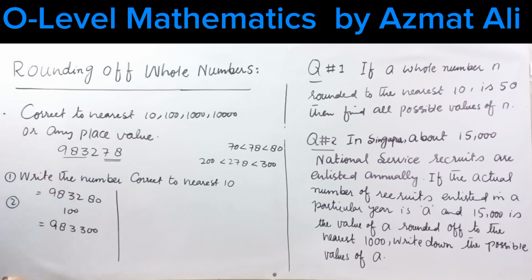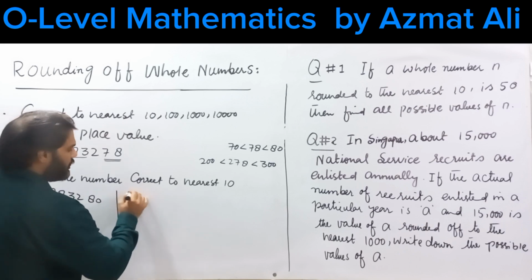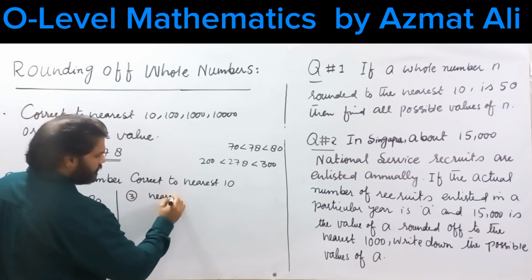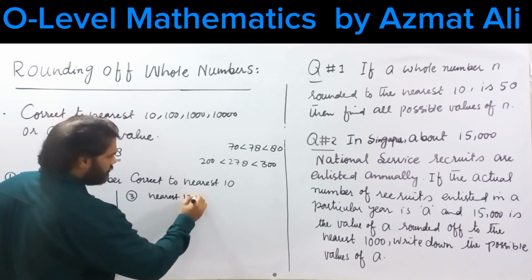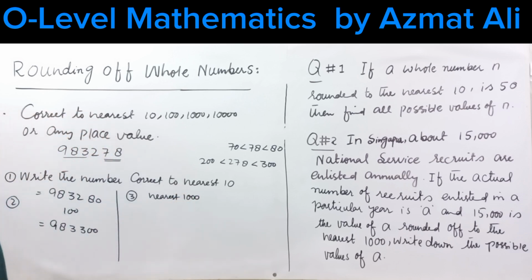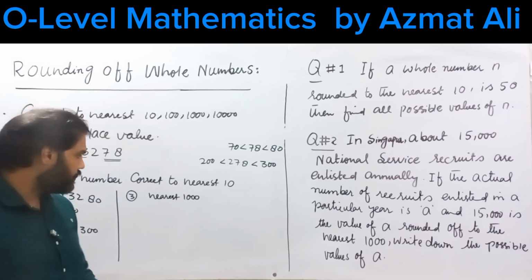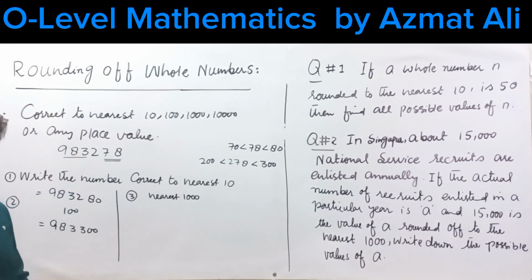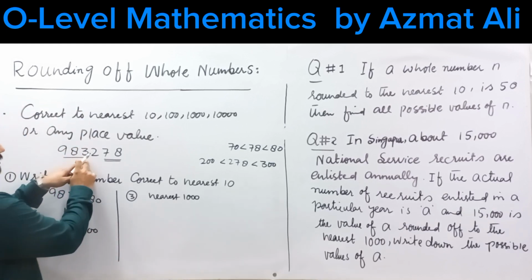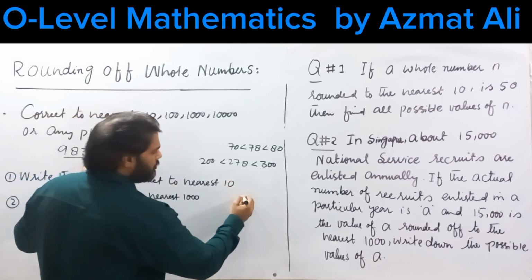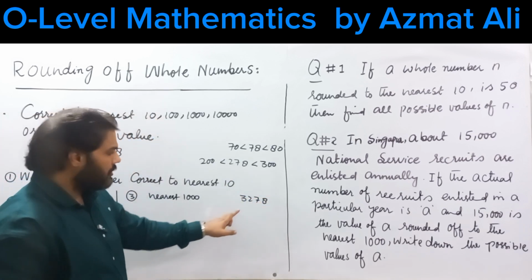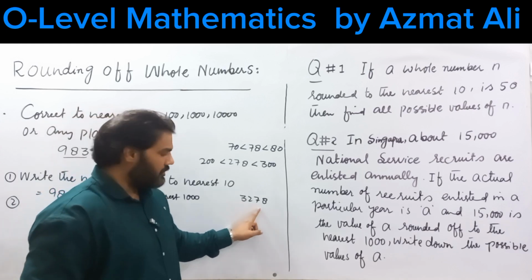Again, suppose we want to write this number correct to the nearest 1000. In a similar way, 1000 consists of 4 digits. We will choose the last 4 digits of the number. The last four digits of the number are 8278.